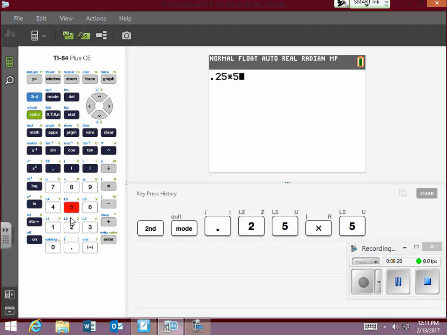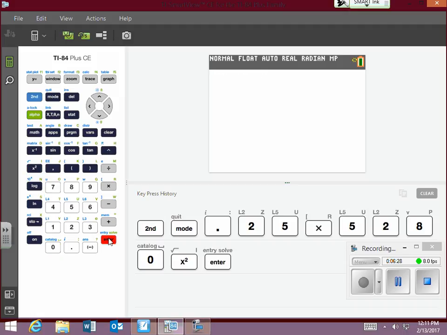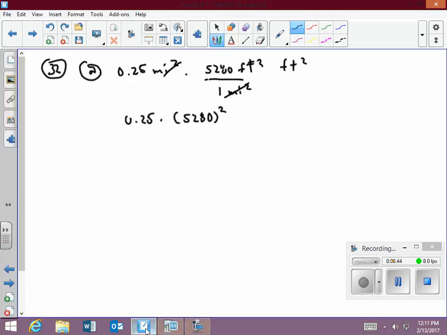Times squared. So 69, whatever that is. 69696 and 2 zeros. Nine, 6, and then there were 2 zeros, but your decimal place has to come back here, right?